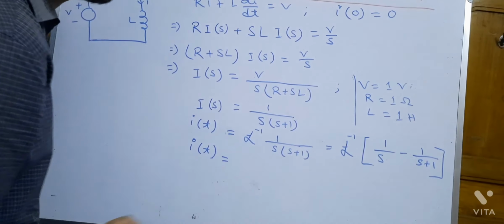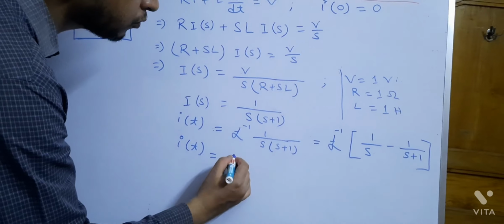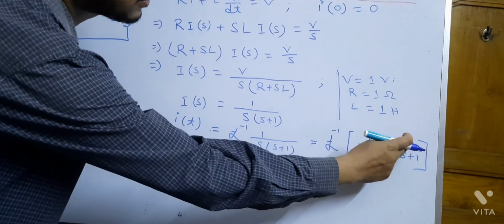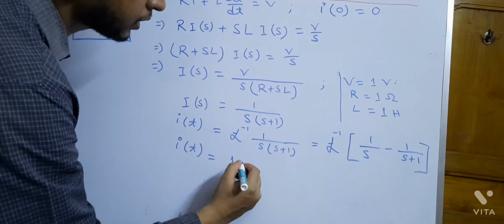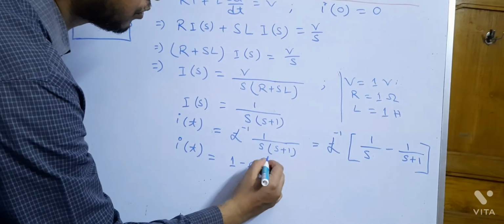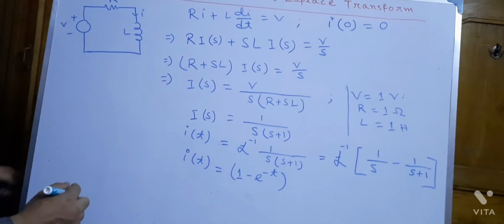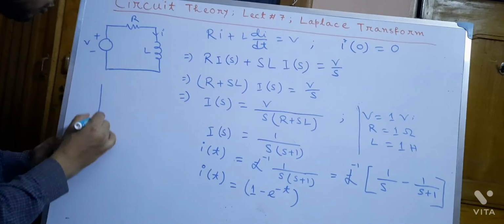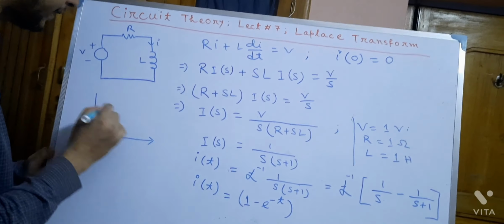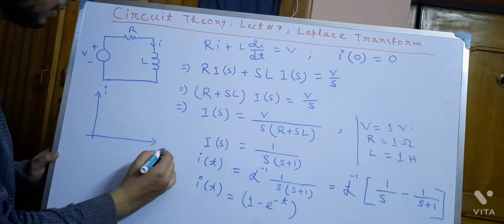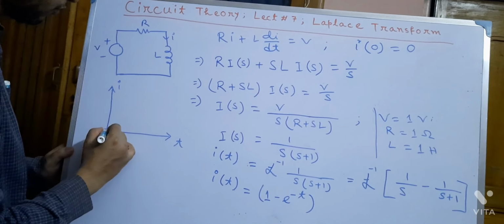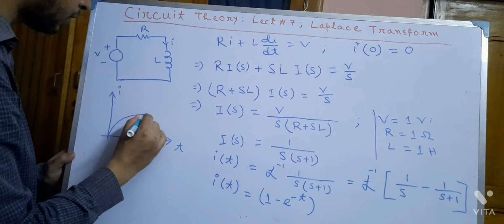So I(t) equal to what? Inverse Laplace transform of 1 by S equal to 1, and inverse Laplace transform of 1 by S plus 1 equal to e to the power minus t. So the plot of I with respect to time will be equal to this one.